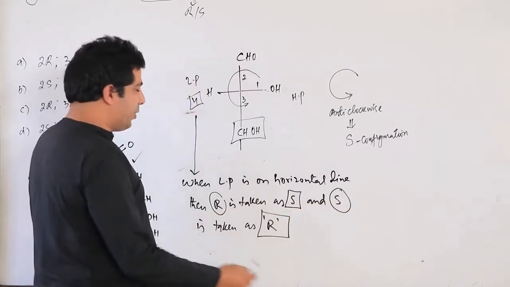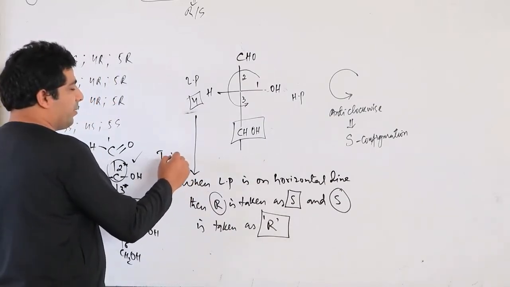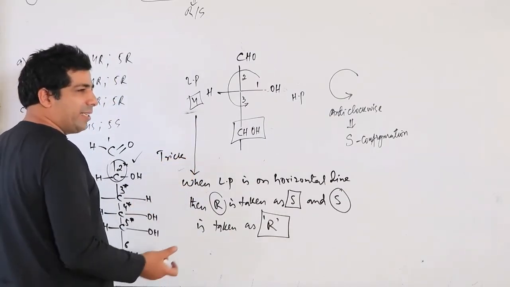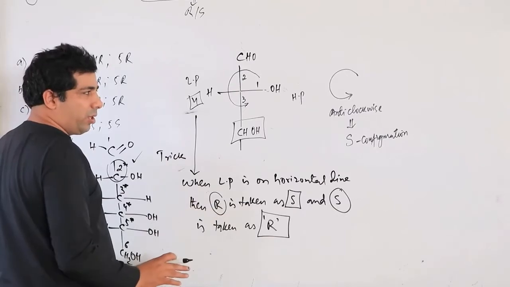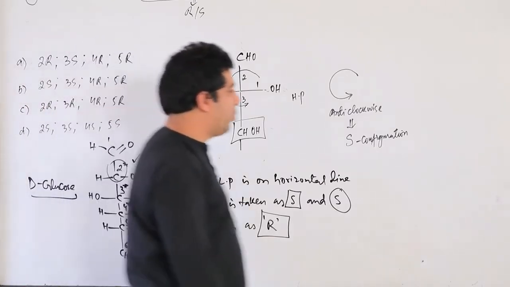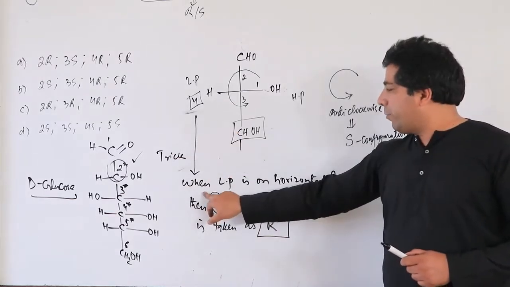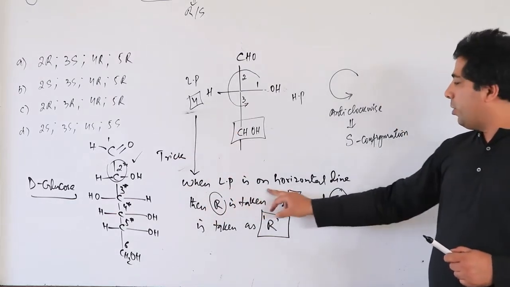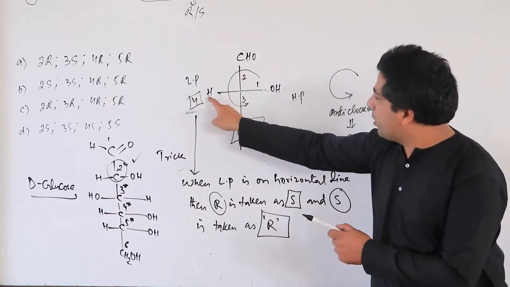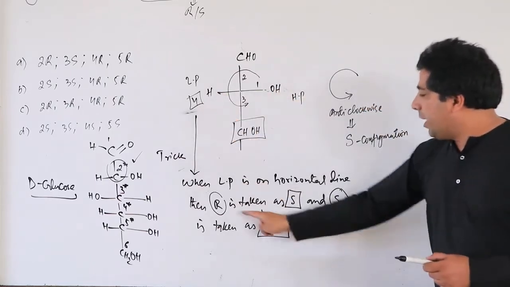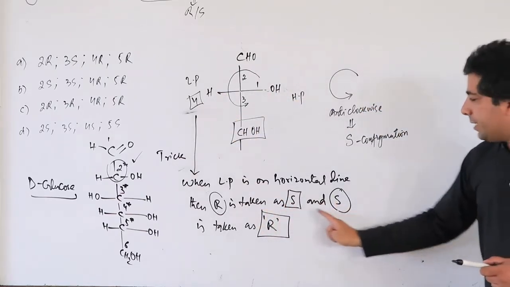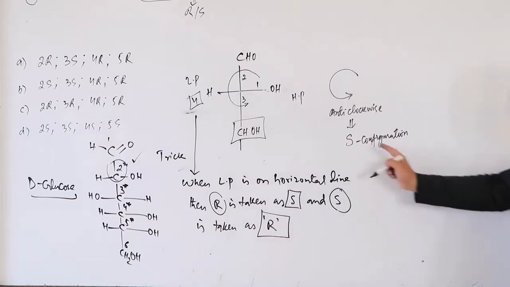Correct? This is actually a trick. You can rotate the molecule also and you can easily find out whether this is true or not. But we don't have that much time, so what we are going to do is remember this trick actually. This is the trick. When lowest priority is on horizontal line, look here, this is lowest priority, it's on horizontal line, then R is taken as S and S is taken as R. What is the configuration I got?